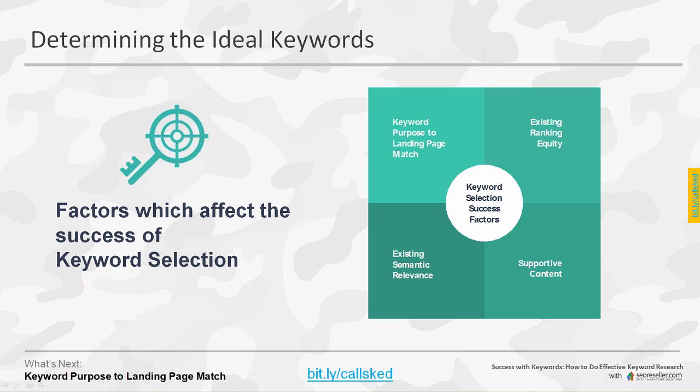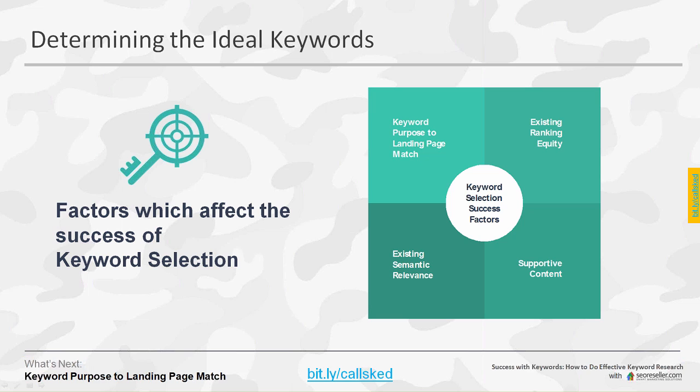When you try to determine what keywords could potentially be successful, what factors can affect successful keyword selection, these are the four factors that we teach our project managers, our analysts, and then ultimately our partners. Keywords that tend to drive success for a campaign are keywords whose purpose to landing pages match. The intent of the keyword and the intent of the page match.